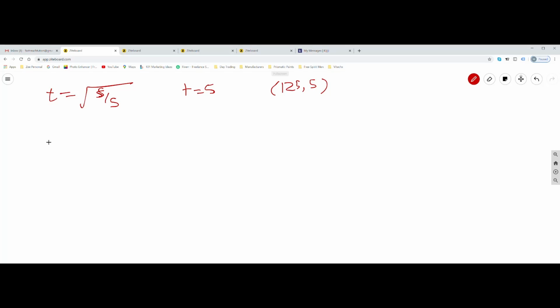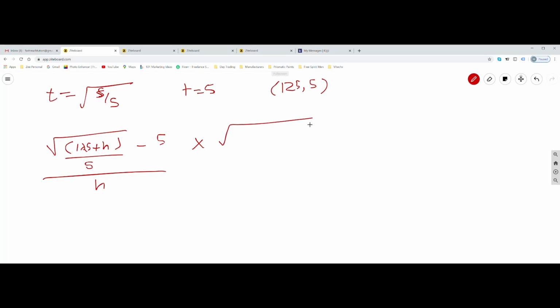So anyways, you have square root of 125 plus h over 5 minus 5, all over h. We're going to multiply by the conjugate, which is square root of 125 plus h over 5 plus 5.